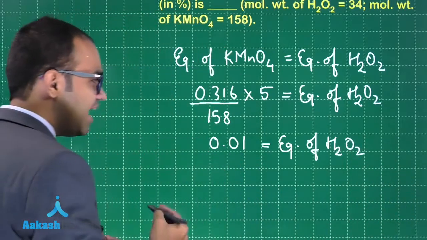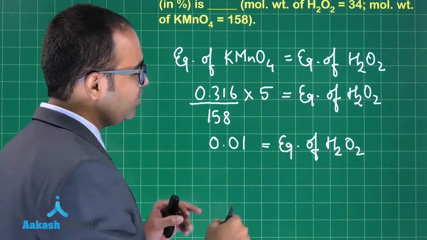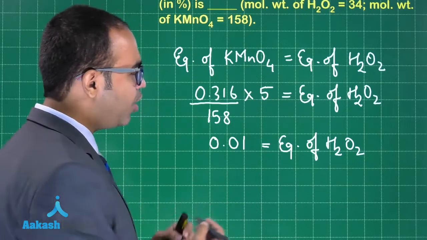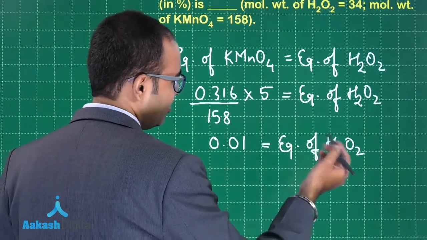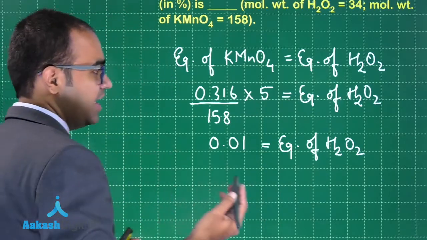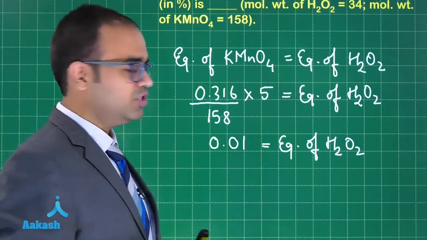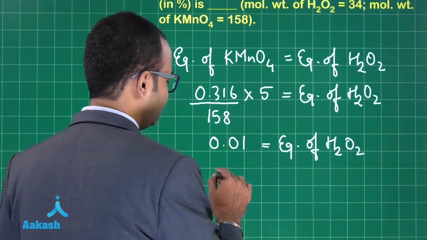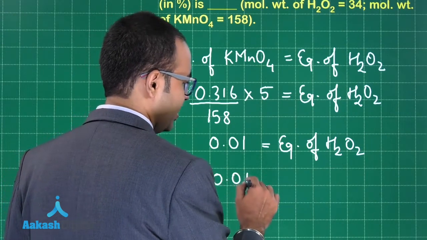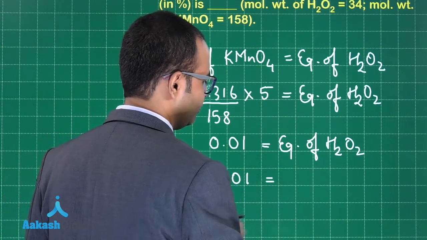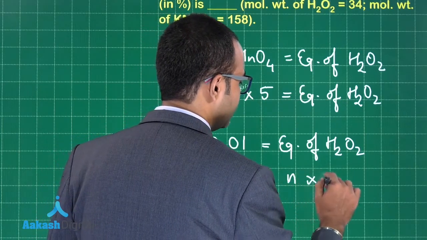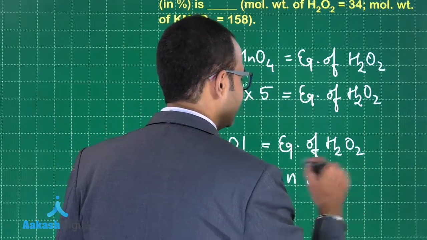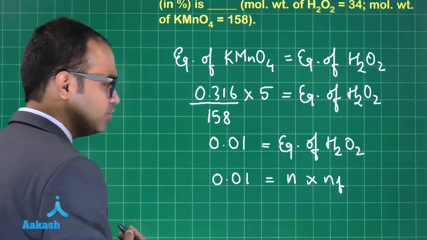Now what we will do is, we will find out the number of moles. How to calculate the number of moles, guys? Let's see. Equivalence is nothing but n factor into number of moles. So 0.01 is equal to n, that is number of moles, into the n factor of H2O2. What will be the n factor of H2O2?